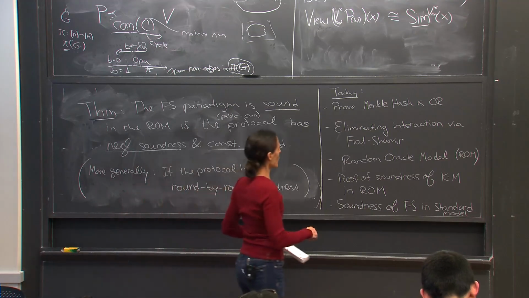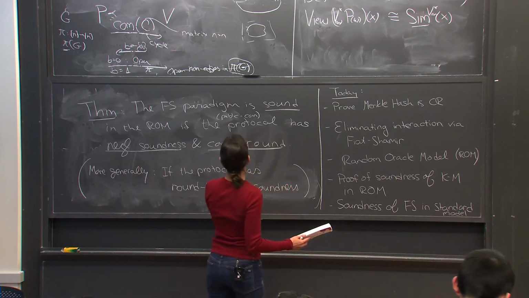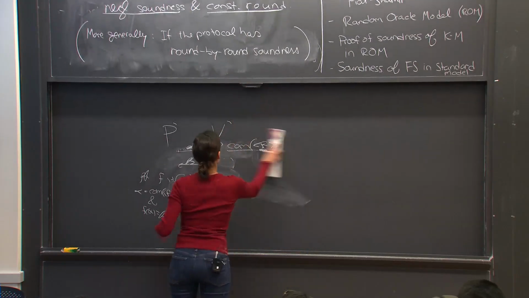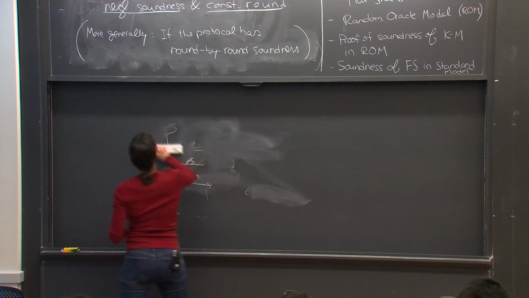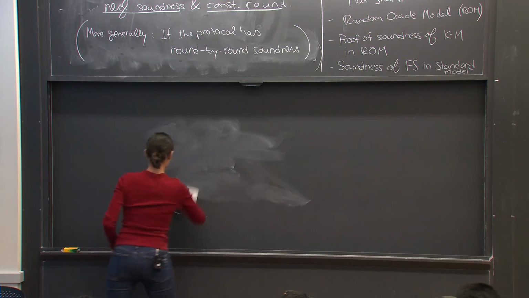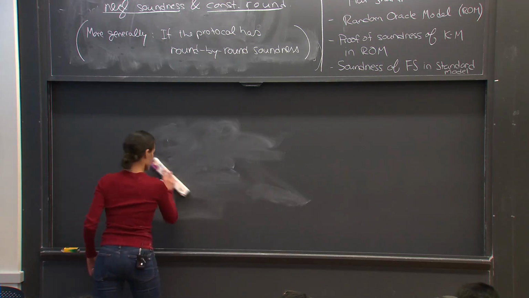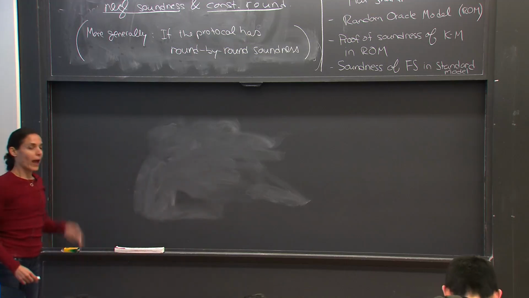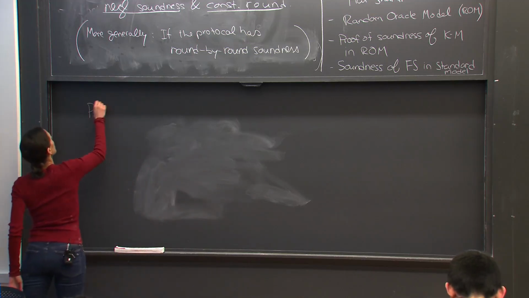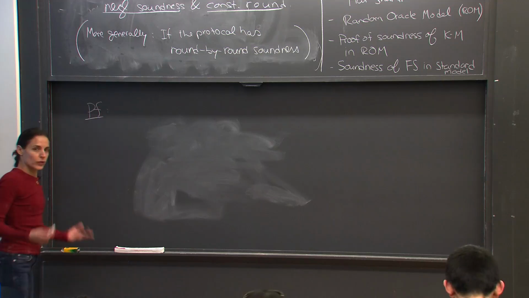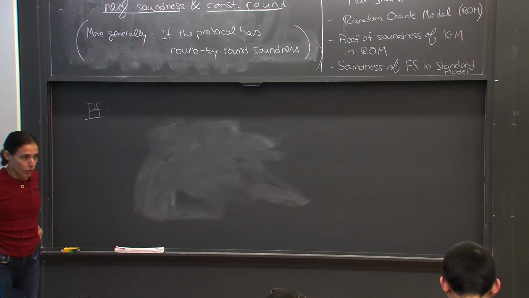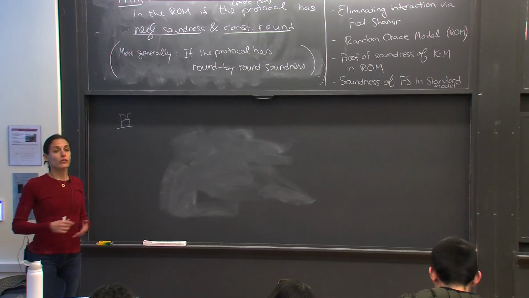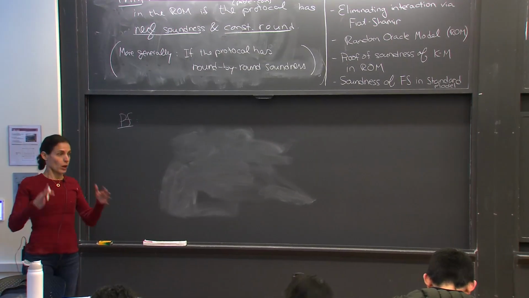Okay, so let's do the proof. So take a public coin protocol with a constant number of rounds that has negligible soundness. And I'm going to prove to you that it's sound in the random oracle model when I apply Fiat-Shamir.